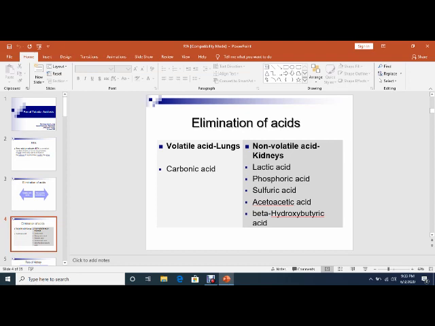Non-volatile acids from the kidneys include lactic acid, phosphoric acid, acetoacetic acid, beta hydroxybutyric acid, or sulfuric acid. So these are the acids which are eliminated via the kidneys.